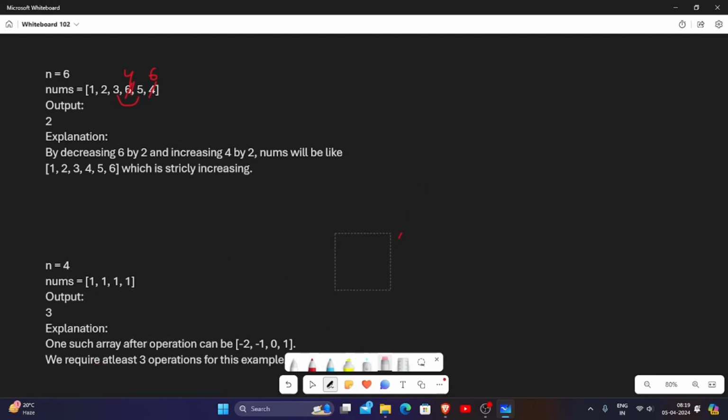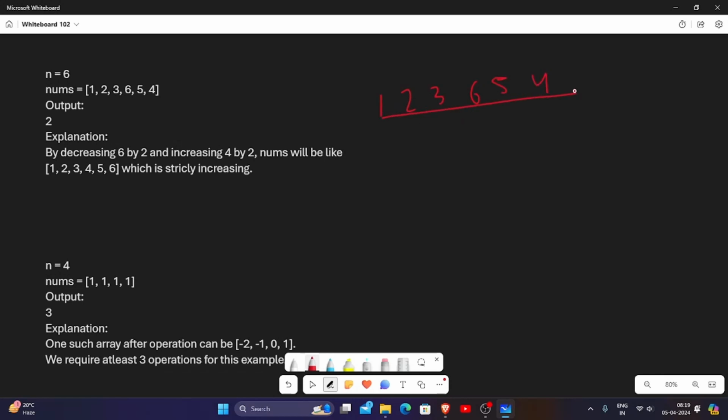So now the point is how we actually think of this problem. Since we need to maintain a strictly increasing subsequence, can I think in that direction only? Can I think in a way of what is the maximum increasing subsequence I already have within myself? If I look at this case again, we have 1, 2, 3, 6, 5, and 4.